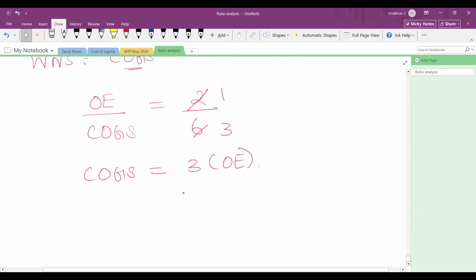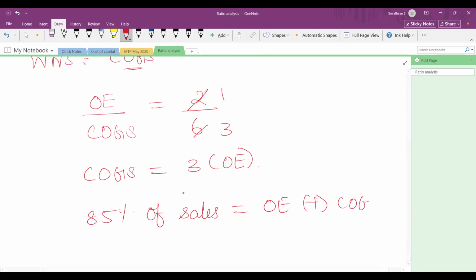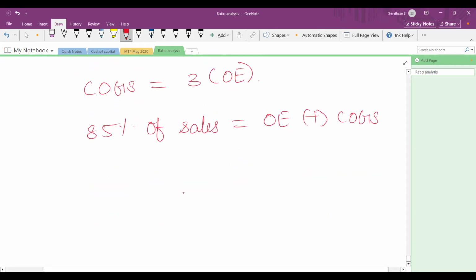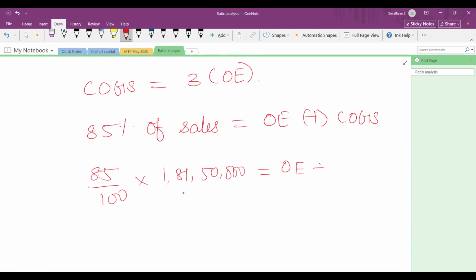Listen, we know that 85% of sales is equal to operating expenses plus COGS. 85 by 100 into sales, which is 1 crore 81 lakh 50,000, is equal to operating expenses plus COGS, which can be written as 3 into operating expenses.